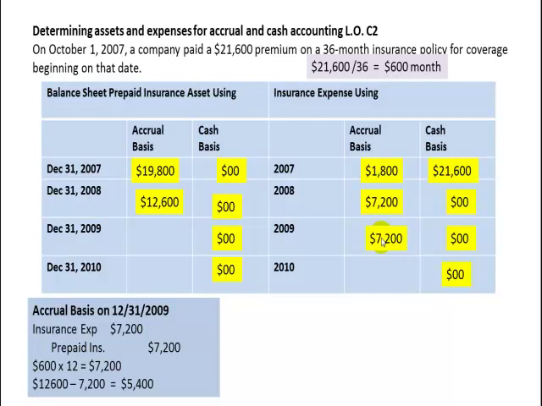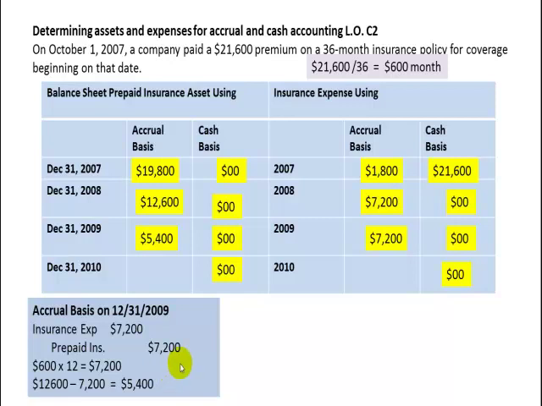And then what's left on the asset side under the prepaid insurance account will be the $12,600 minus what we've used up in 2009, which was another $7,200, and so we'll have $5,400 left. So that's for 2009.